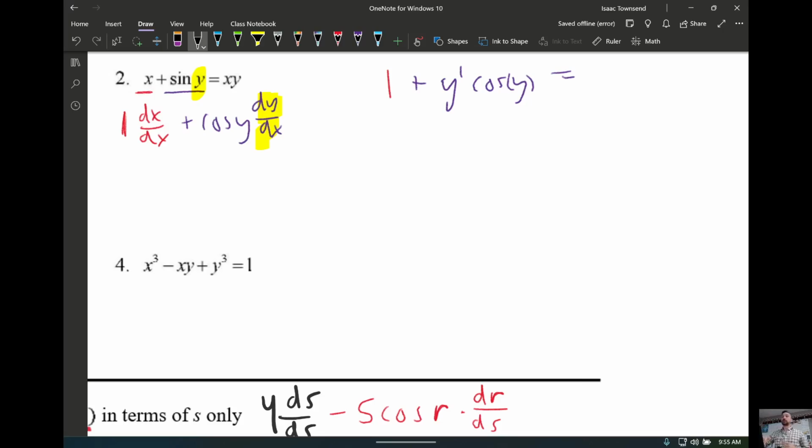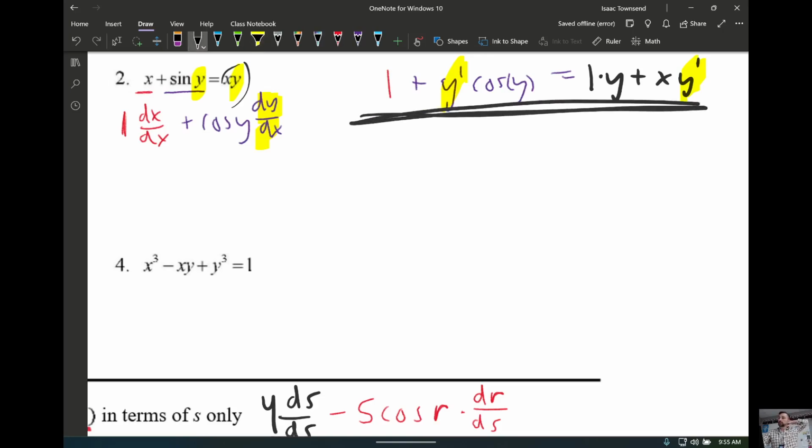Equals, and then the derivative of the right side, you're going to have to do product rule. So the derivative of x times y left alone, plus x left alone times the derivative of y. Once again, second time I took the derivative of a y, so second time I need a y prime. So that's the most important step to get to.